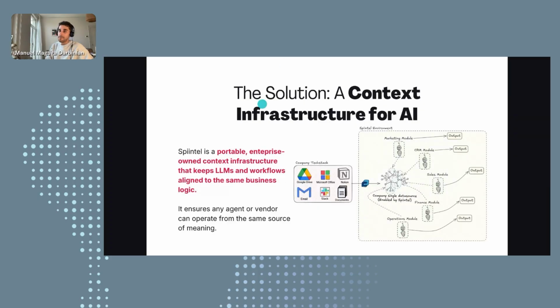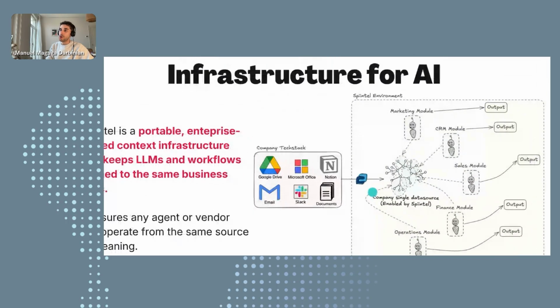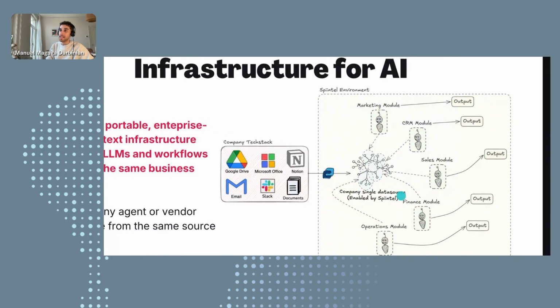As you can see here in the graph, in a given company you have your current tech stack with the documentation that you store in Google Drive or Microsoft Office, Notion, email, Slack, etc. Then via integration or manual upload, it goes to the single graph of the company. This is enabled by Spiintel.